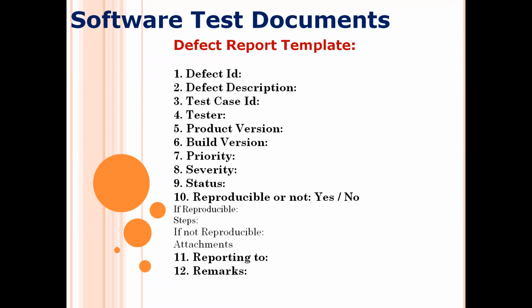Every tool provides its own template. The user, meaning the tester, can customize the templates. Important fields are defect ID, defect description, test case ID, reference, tester name, product version, build version, priority, severity, status, reproducible or not, reporting to the corresponding person, remarks.